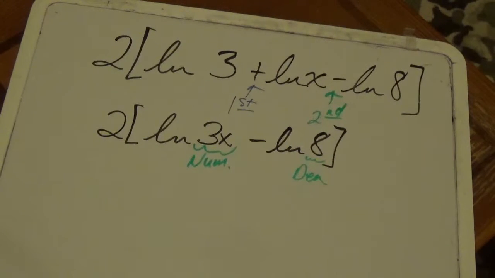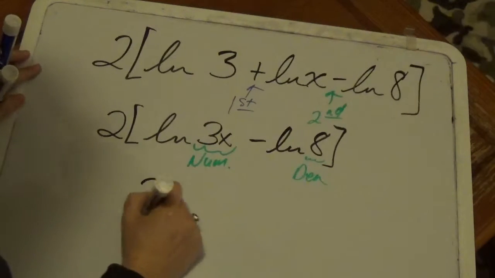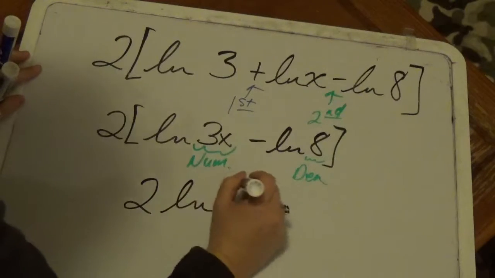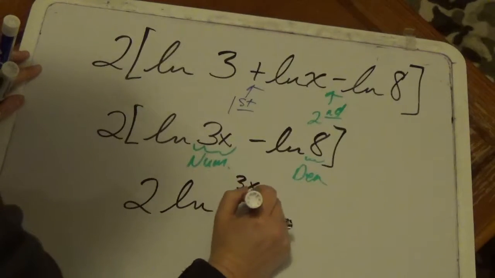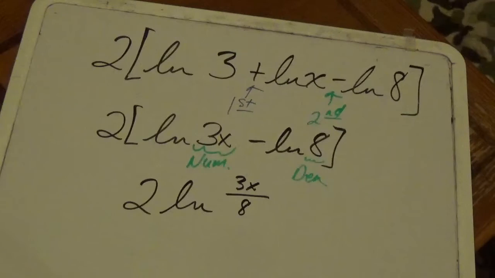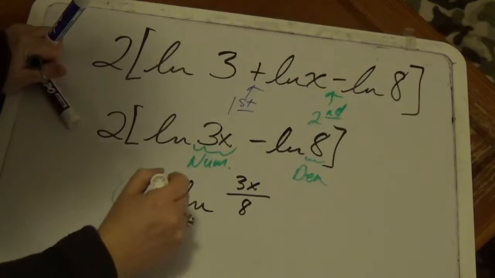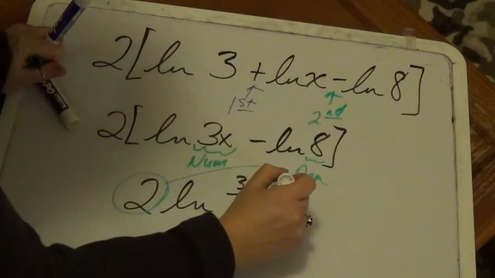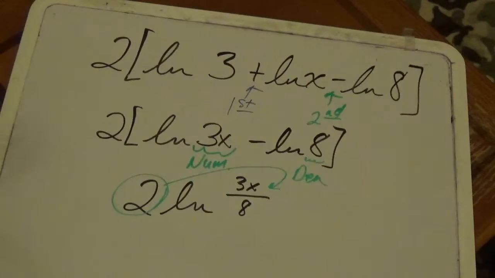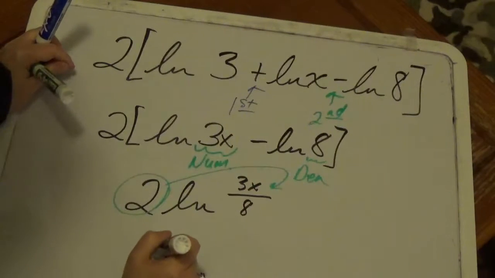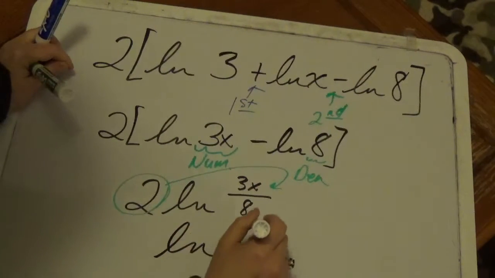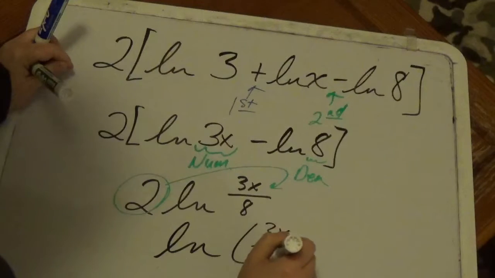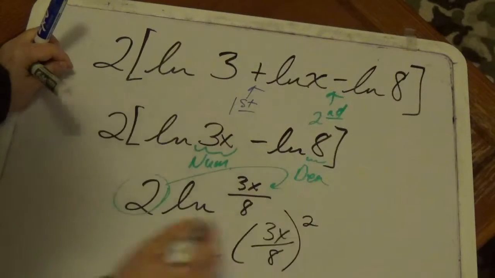So we'll put those together: 2 natural log of 3x divided by 8. And now that we have it down to 1 natural log, we can take our 2 from the front and use the power rule to put it on the exponent. So this will be natural log of 3x over 8 squared.